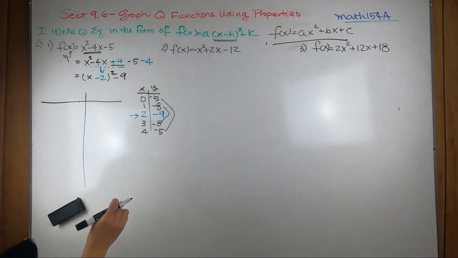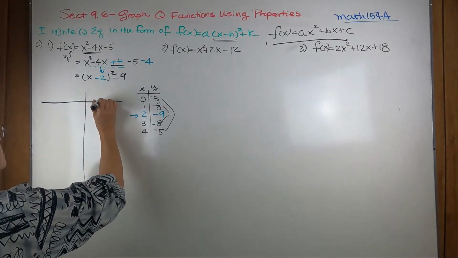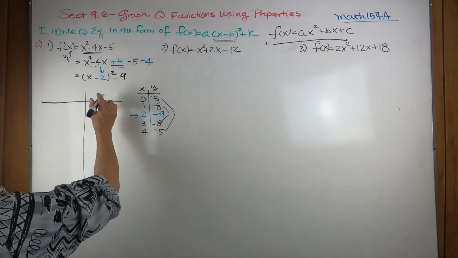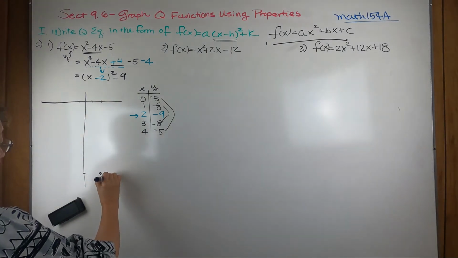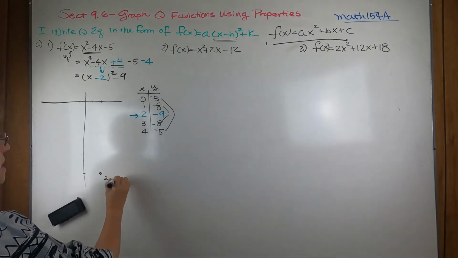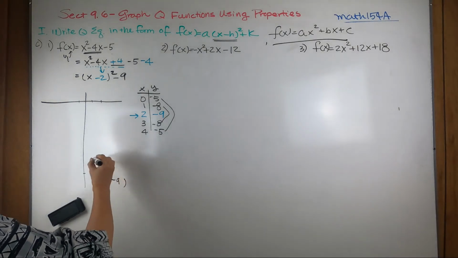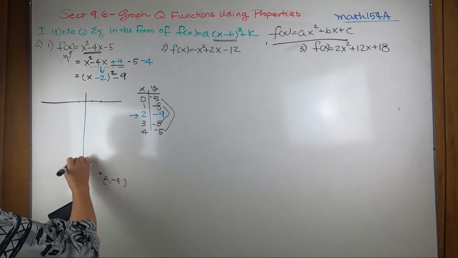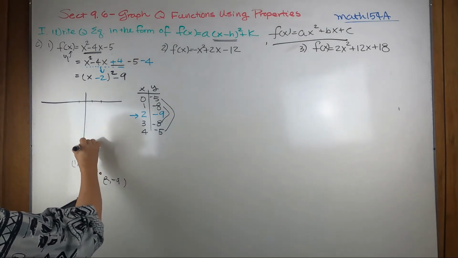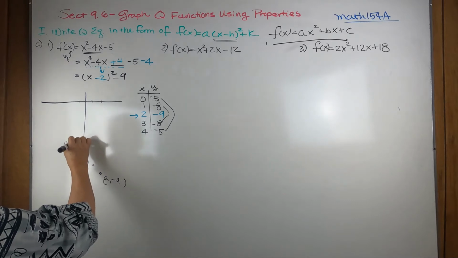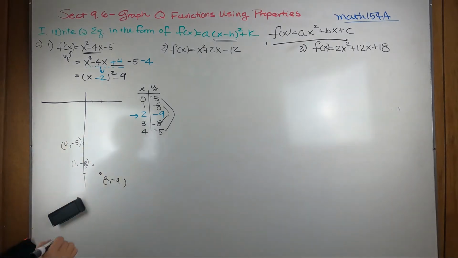Center is 2, and it's -9. So 2 and negative 9, 1 and negative 8, 0 and negative 5, right?